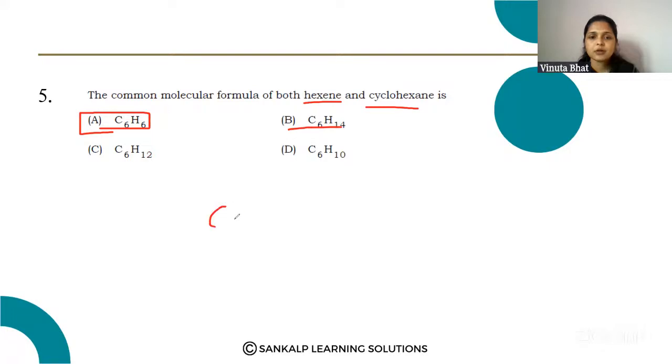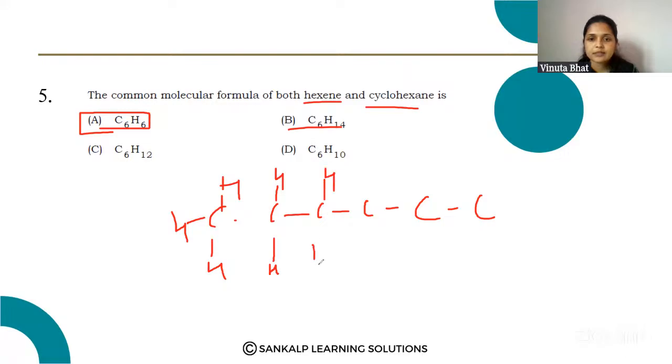C6H14 has 6 carbons and 14 hydrogens, so it is not hexene, because hexene should have a double bond.